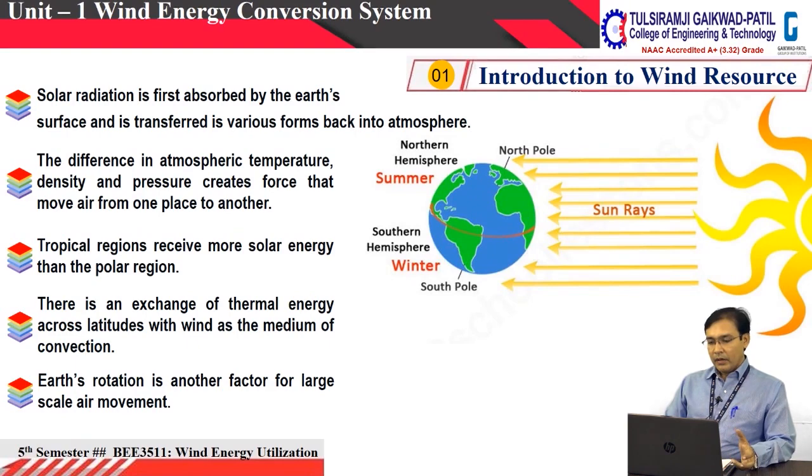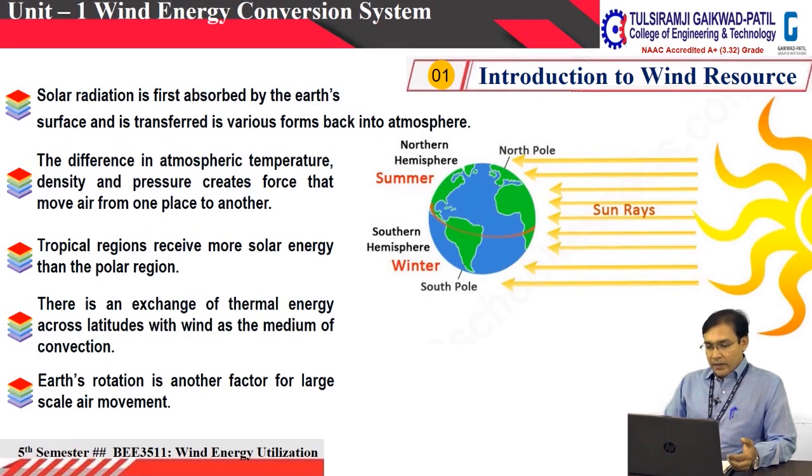There is a typical distribution of these sun rays on the earth's surface. You can see that the rays are short in the tropical region, and they become long in the polar regions. Because of these short and long rays of solar radiation, the tropical region of the surface of the earth gets more heat energy as compared to the polar regions.